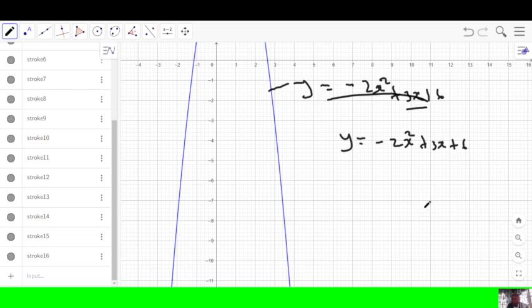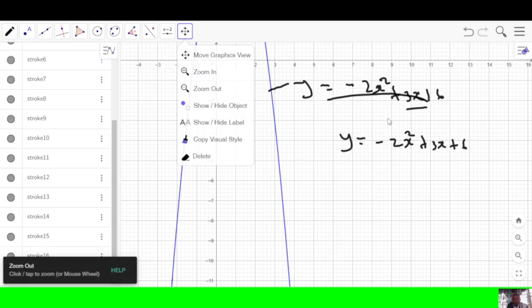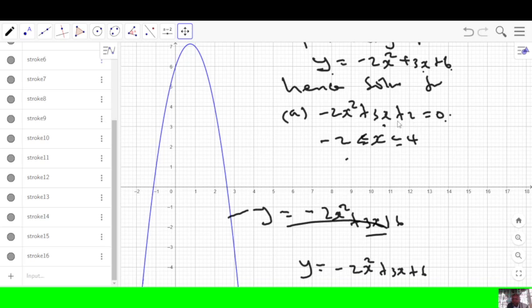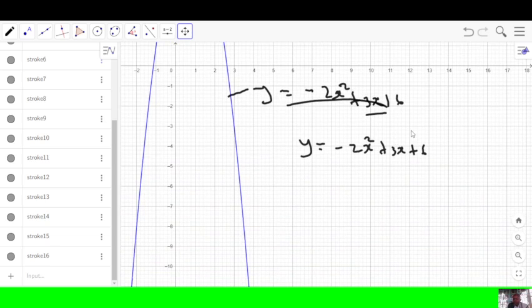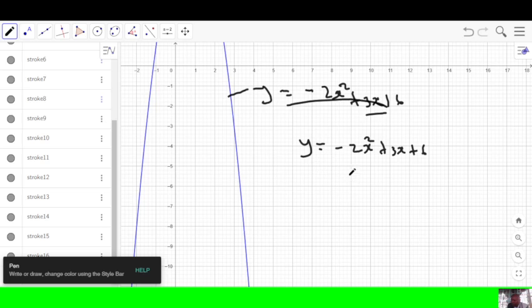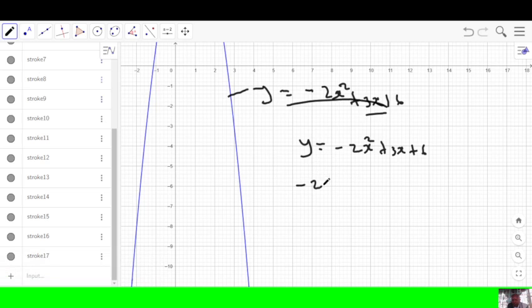How do we solve for negative 2x squared plus 3x plus 2 equals to 0?